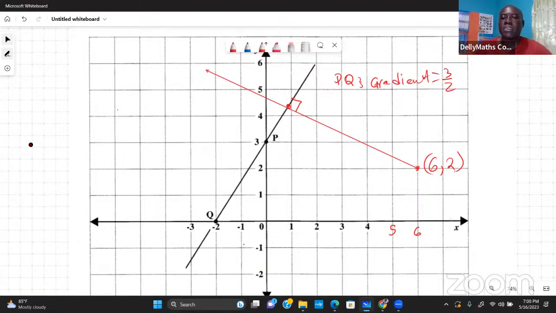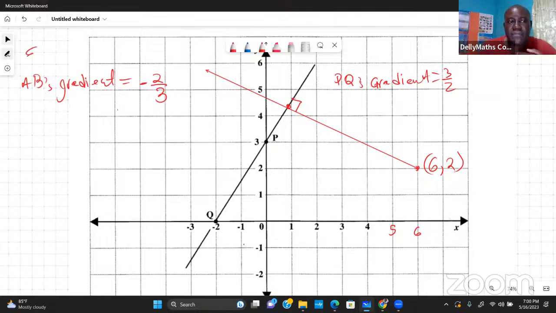When lines are perpendicular, one gradient is the negative reciprocal of the other. So that is telling me that AB's gradient is going to equal, flip it upside down, you're going to get 2/3, and then change the sign, negative. It's the negative reciprocal of the other. So there it is, we have the gradient for AB already.